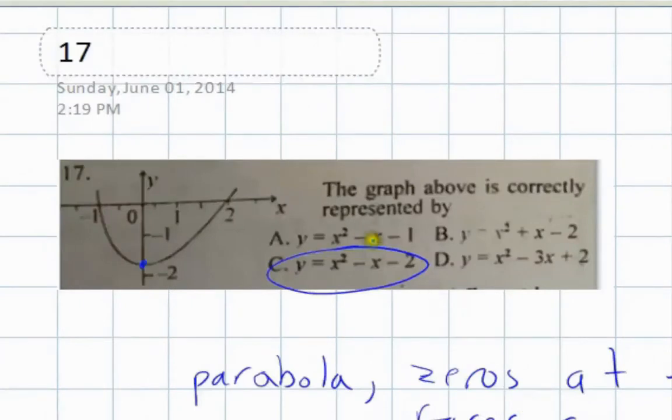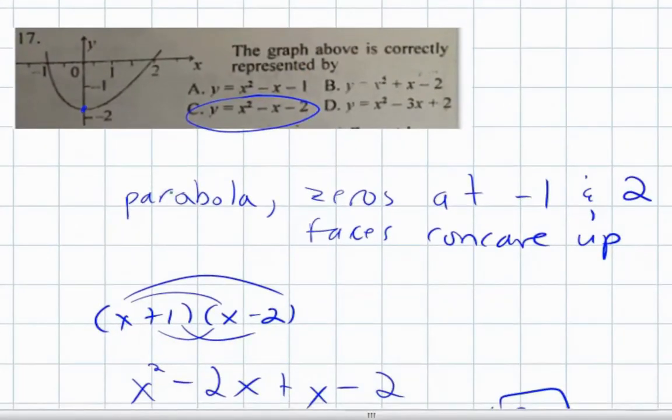Question 17 says the graph above is correctly represented by, and you're supposed to choose the correct answer. So this is a parabola, it has zeros at negative 1 and 2, and it faces concave up. How did I figure all that out? Well, it has the general shape of a parabola, but also I can clearly see this point.